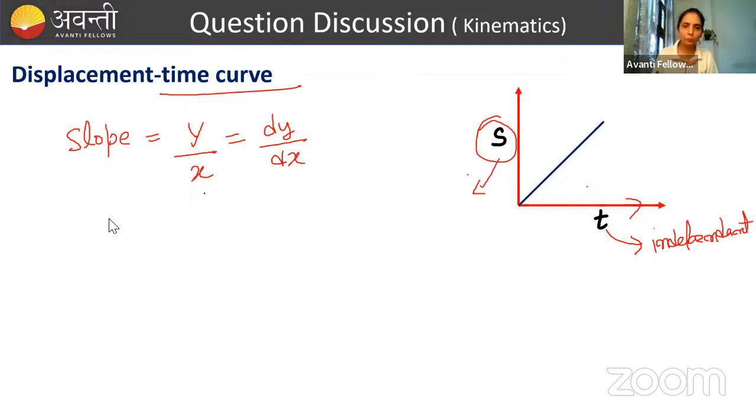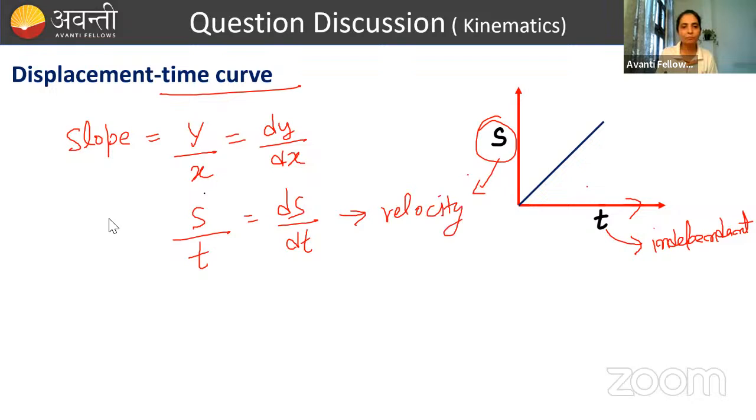So if you are going to do यहाँ पे in this curve along y axis, what is s? तो इसकी जगह तुम s लिख लो और x की जगह क्या लिखोगे, t, यानी कि ds by dt, यानी कि क्या है ये, velocity. तो सबसे पहला conclusion क्या मिला मुझे कि slope of st curve will give us what, velocity.